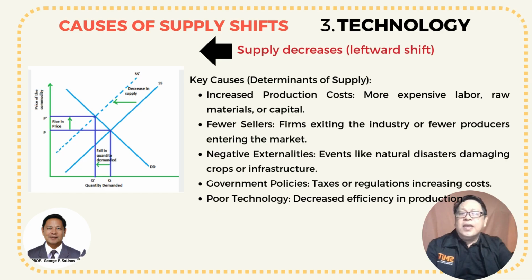And lastly, the poor technology or efficiency. A decline in the efficiency of production methods, often due to outdated technology, results in lower output for the same amount of input, thereby reducing the total supply.